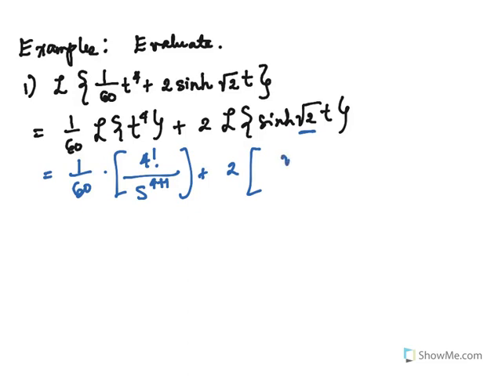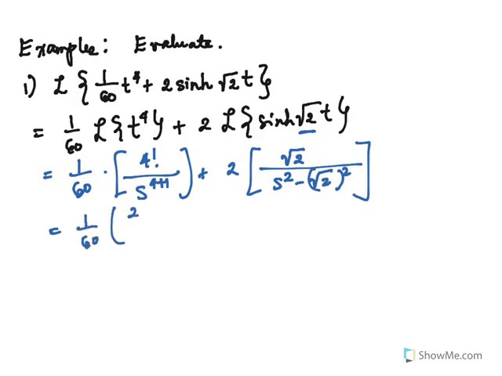So that will be square root of 2 all over s squared minus square root of 2 quantity squared. So with this, 4 factorial is 4 times 3 times 2 times 1. That's 24. 24 over s raised to 5 plus 2 square root of 2 over s squared minus 2.